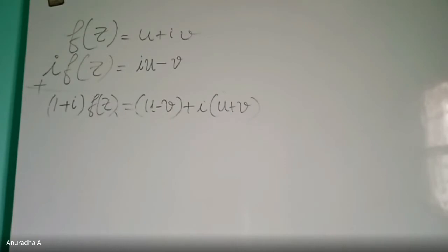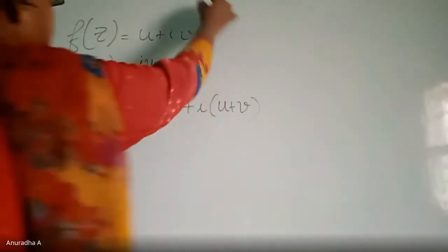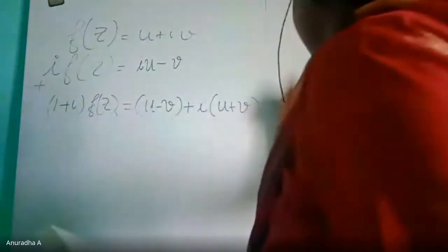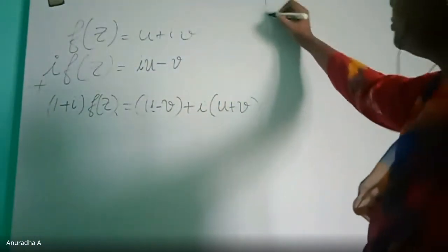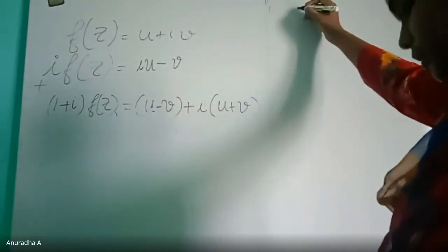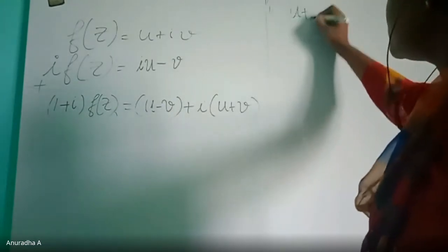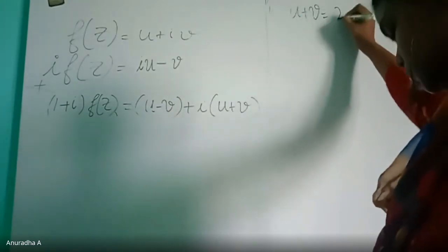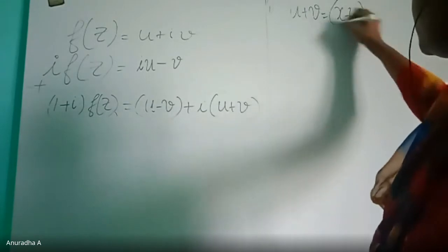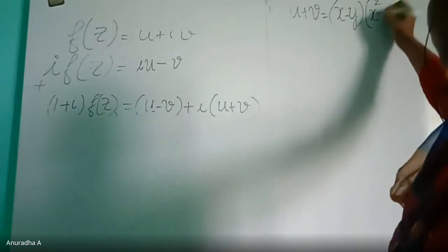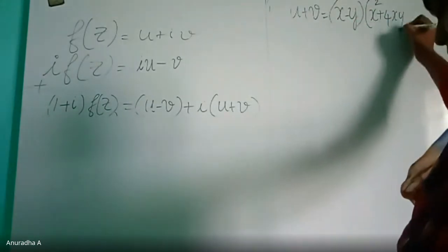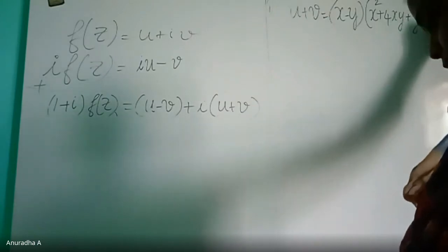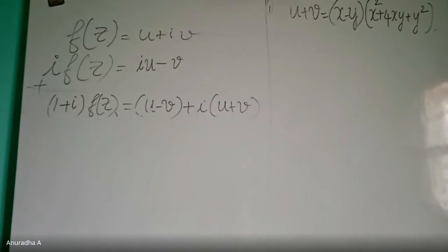So we'll take the question as, question only I'm writing: if u plus v equal to x minus y times x square plus 4xy plus y square, find f of z in terms of z, where f of z is u plus iv.